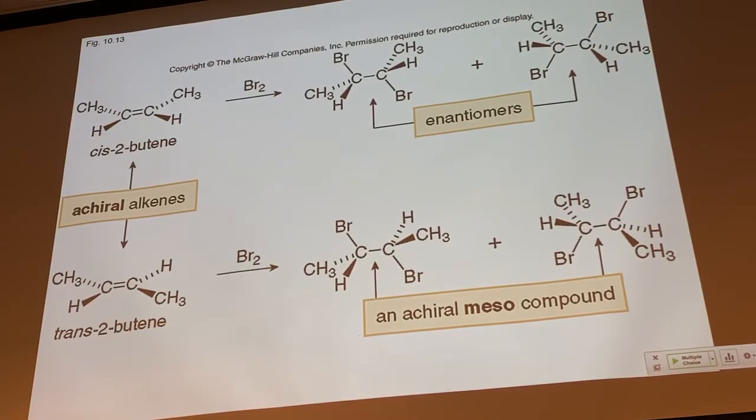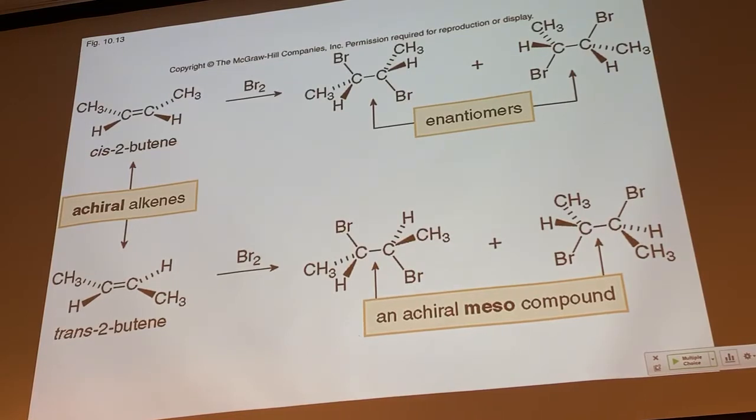We react that with bromine. We obtain these two vicinal dibromides, and these are enantiomers of each other. These are non-superimposable mirror images. We take the trans or the E isomer. We react that with bromine. We get a product that is a diastereomer of the product up above, and in this case, it is achiral. It is a meso compound.